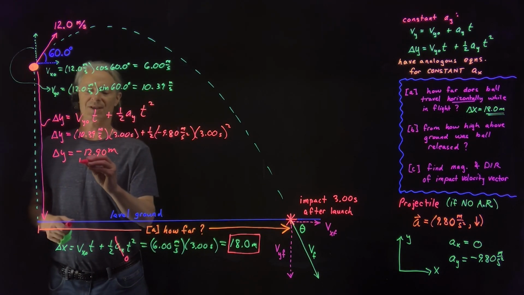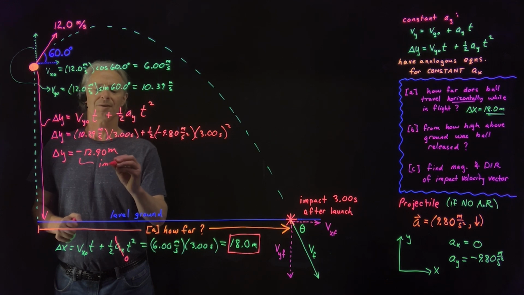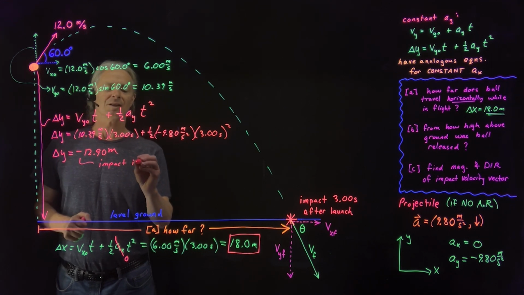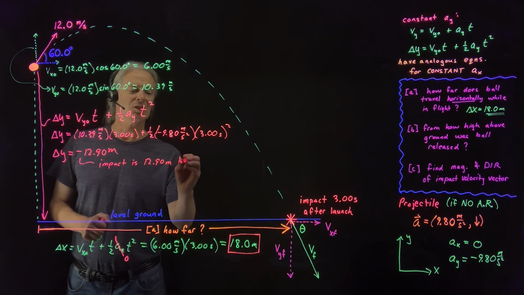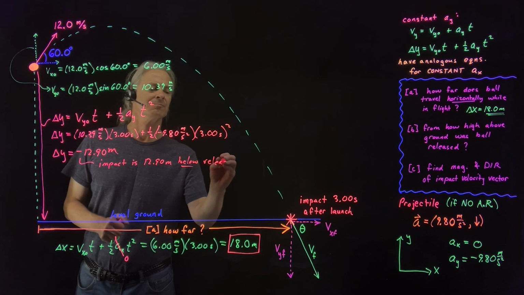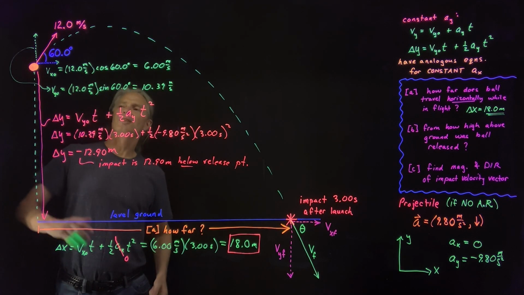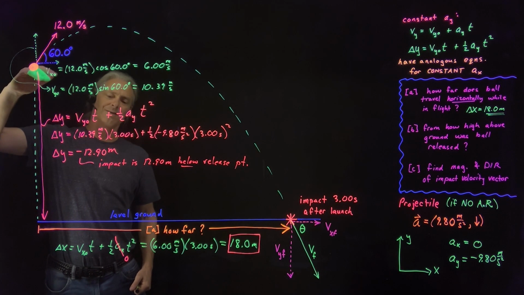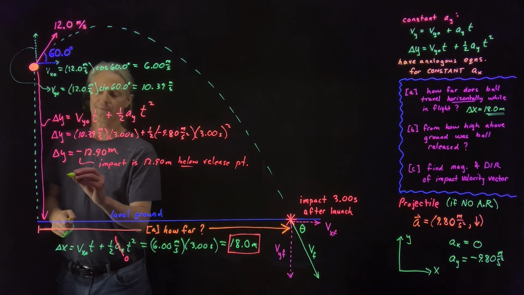What this really tells us is the impact is 12.90 meters below the release point. What that tells us then is that the ball was released 12.9 meters above the ground.